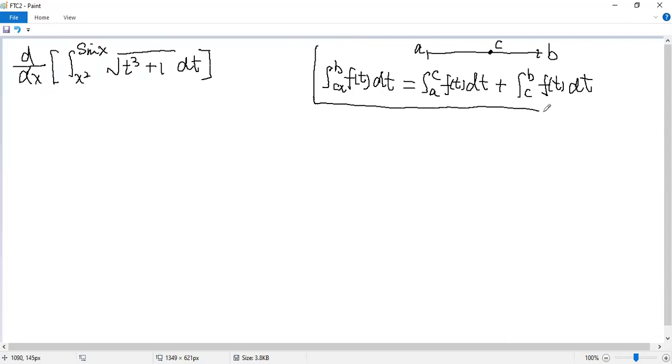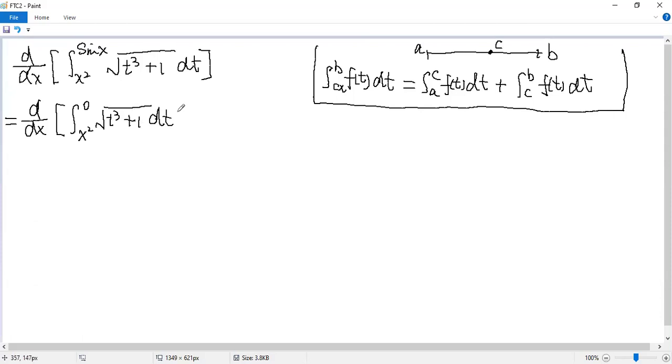Now let's use this property to find the derivative. So we get the derivative with respect to x of the integral from x squared to 0 of the square root of t cubed plus 1 dt, plus the integral from 0 to the upper limit sin x, and then again the square root of t cubed plus 1 dt.